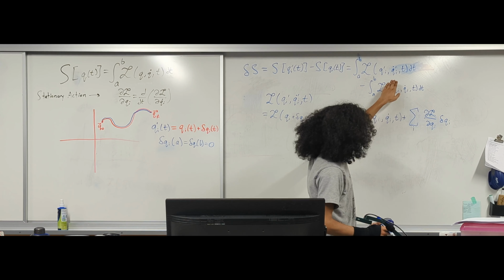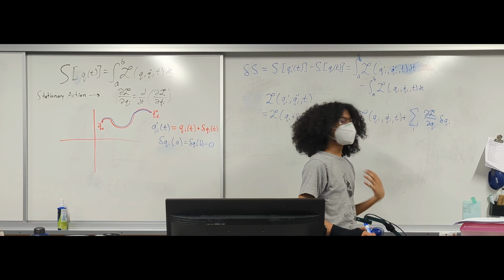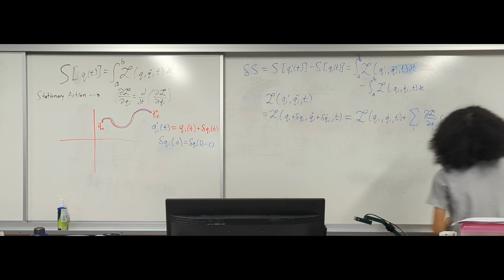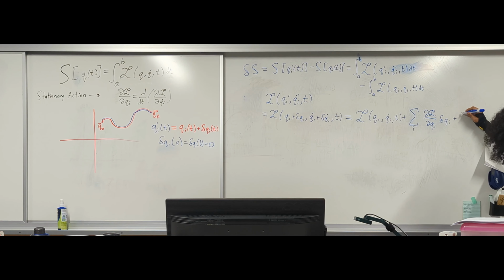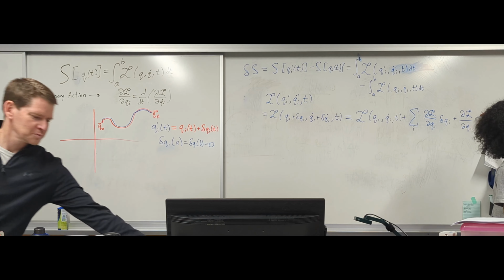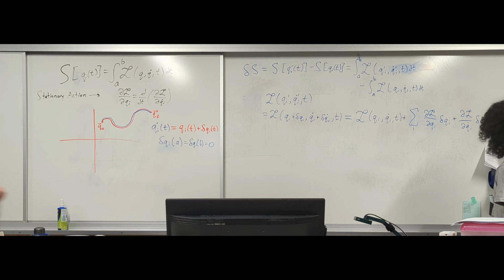But the Lagrangian also depends on the velocity, and we've also changed the velocity. So we get an additional change from changing the velocity. The way I've determined these is just from using the chain rule. But it should be sensible enough.